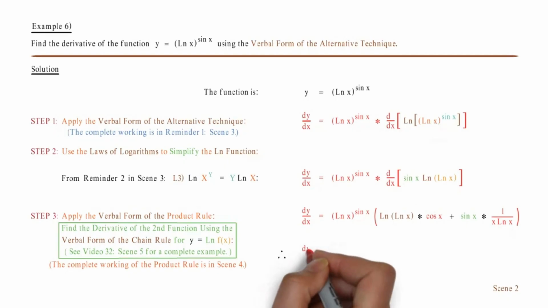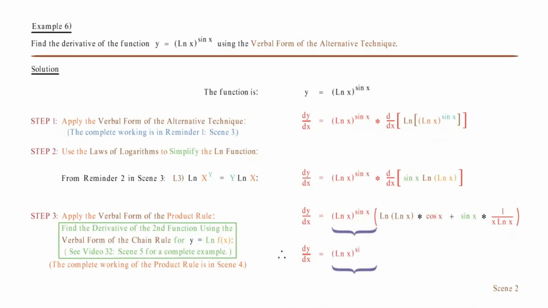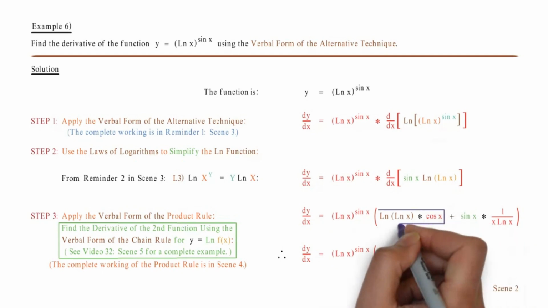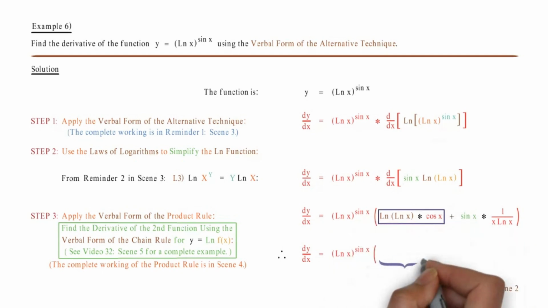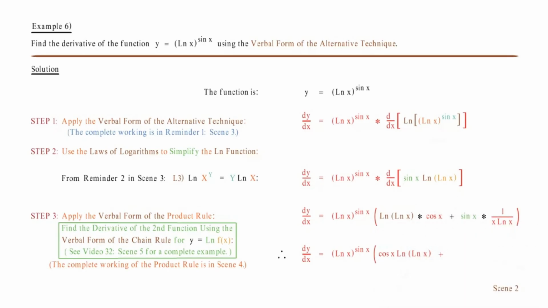Therefore, dy by dx equals, bring down as cos of x ln of x. Plus is plus.